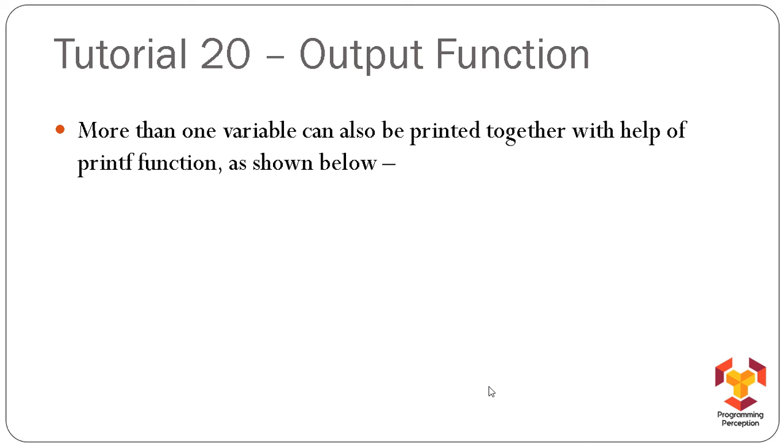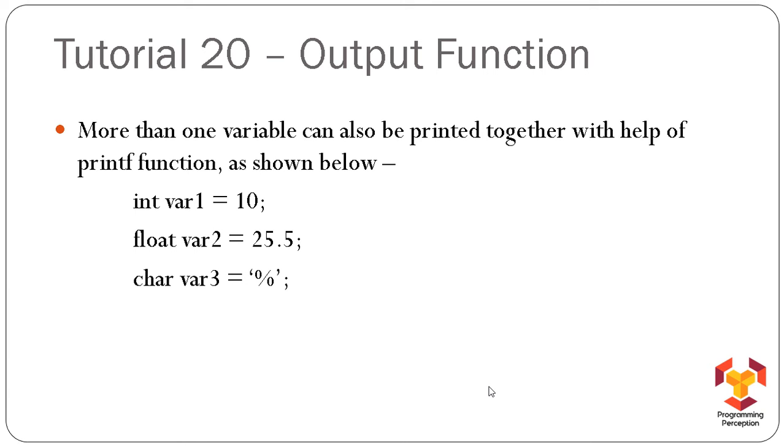Now more than one variable can also be printed together with the help of the printf function. Like I have created 3 variables over here, and they are of different data types: integer, float and character respectively.